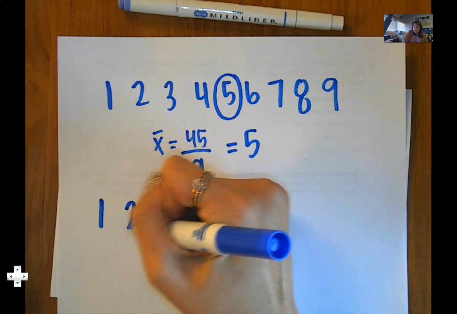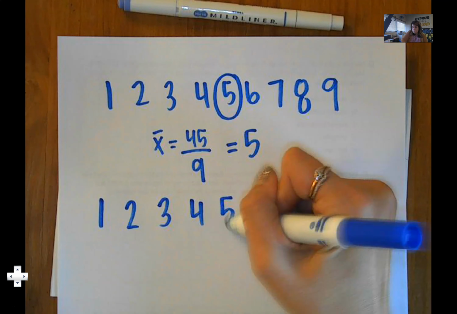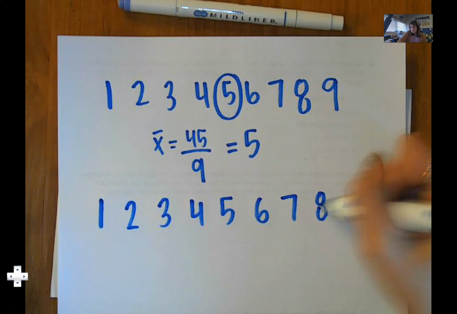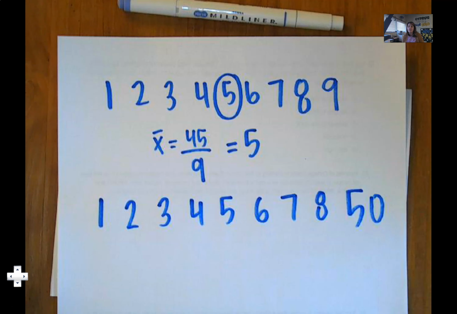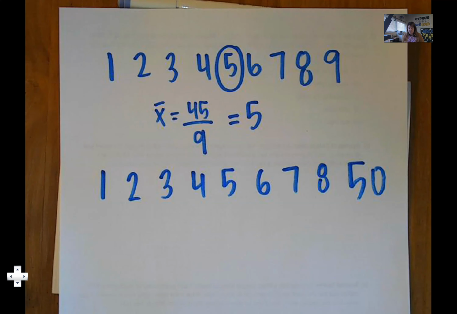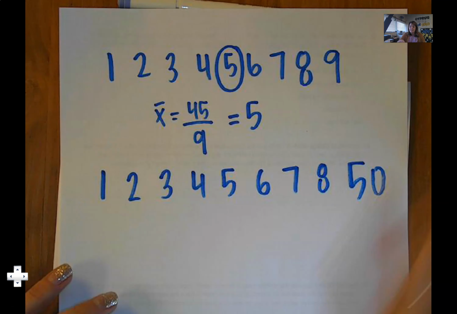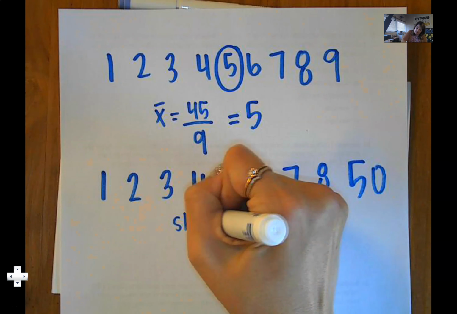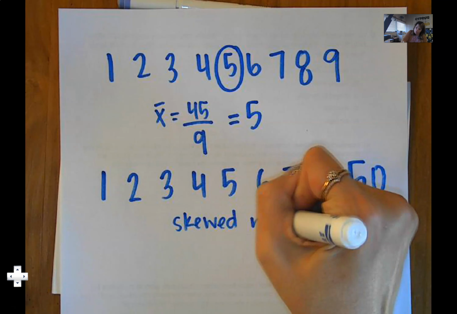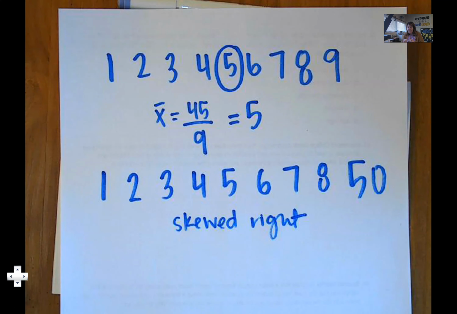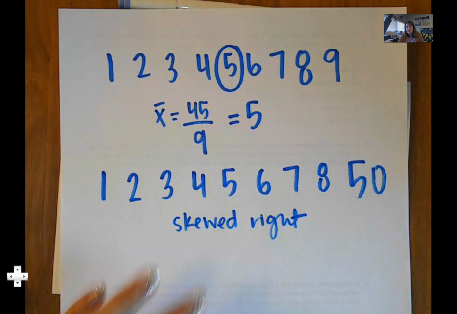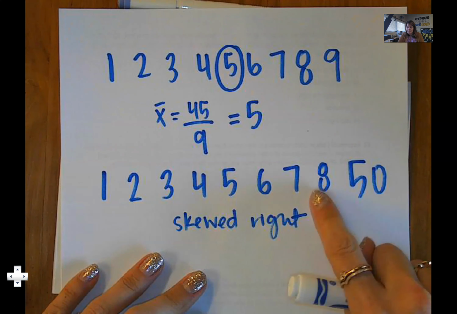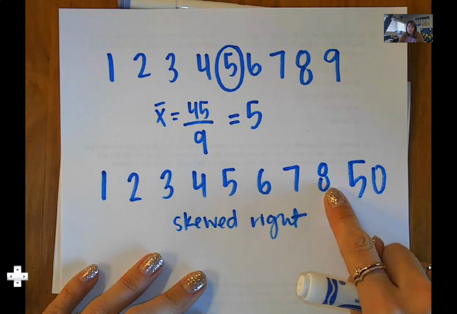Now let's skew this data set. Instead of my biggest value being 9, I'm changing it to 50. So now this data set is skewed right, because I added a data value that is very far to the right and significantly farther away from the data value before it.